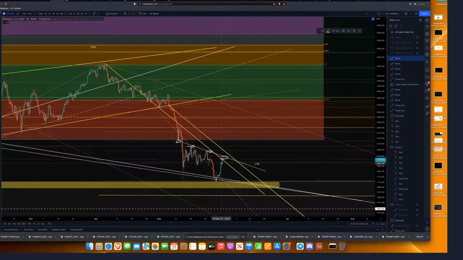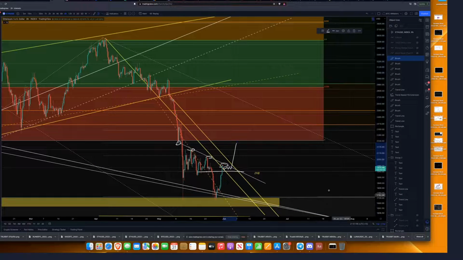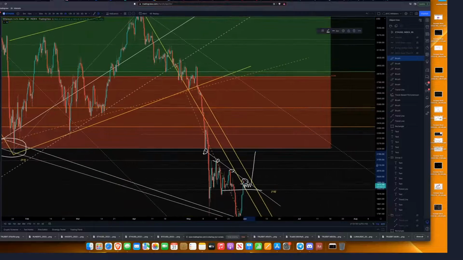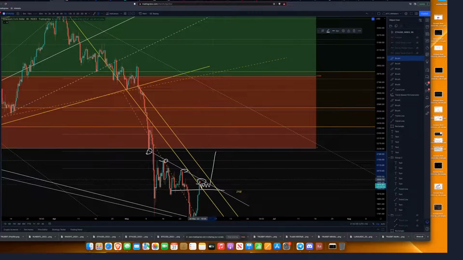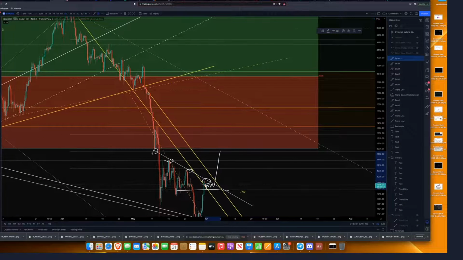If you want to look for an entry, there might be some consolidation and then a breakout. So I would look for this line. I would definitely look for that line as a means of. So if we break that, give us a sec.